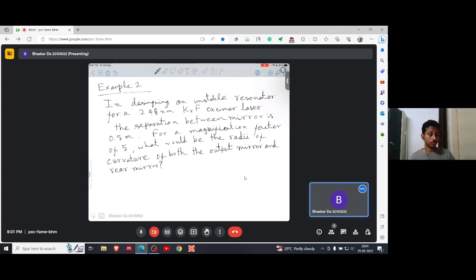The laser cavity ought to be designed for minimum diffraction losses. What will be the diameter of the output mirror?